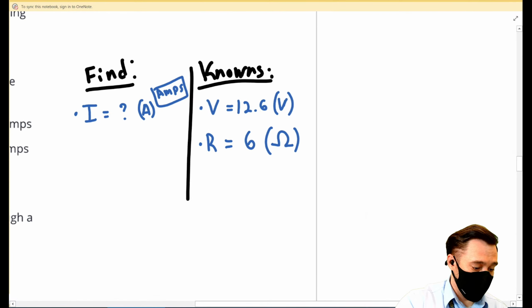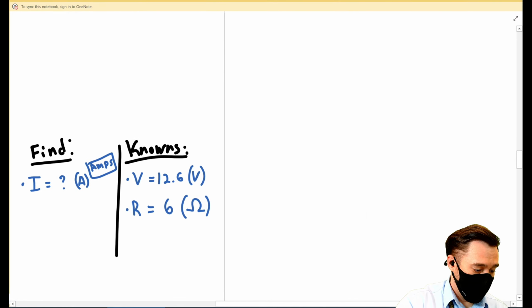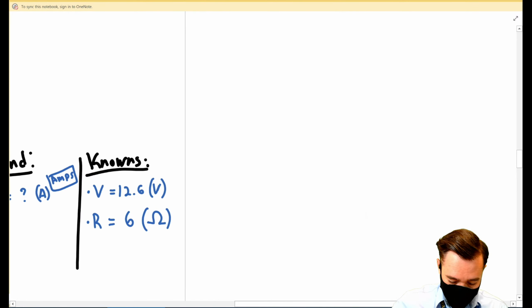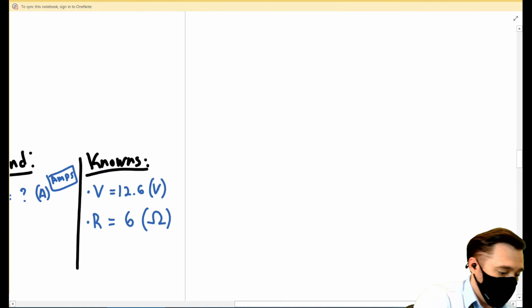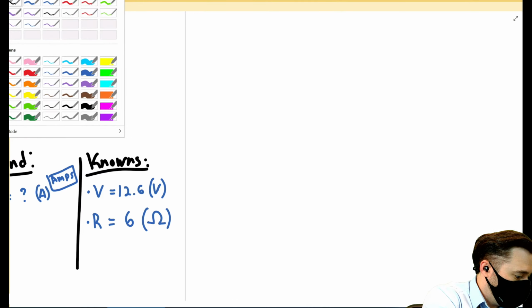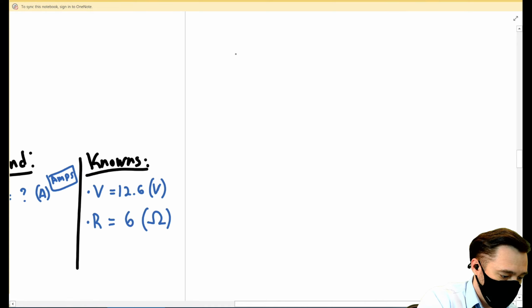So the equations: I'm going to give you guys the 3 main ones that we're going to be using. I would highly recommend that you guys write these down.